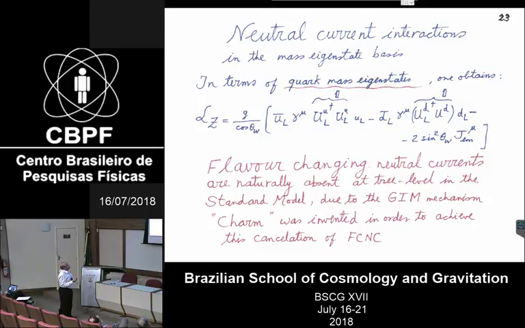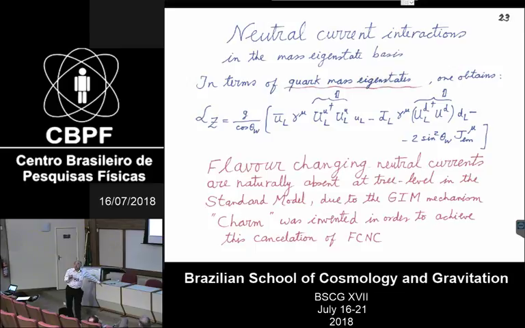This is T3, the generator of T3, with a minus here, and then the electromagnetic part. So all you have to worry about is what happens here. If you have all the left-handed quarks with the same value of T3, then you sum over all of them and this matrix becomes 1. This is the generalized GIM.